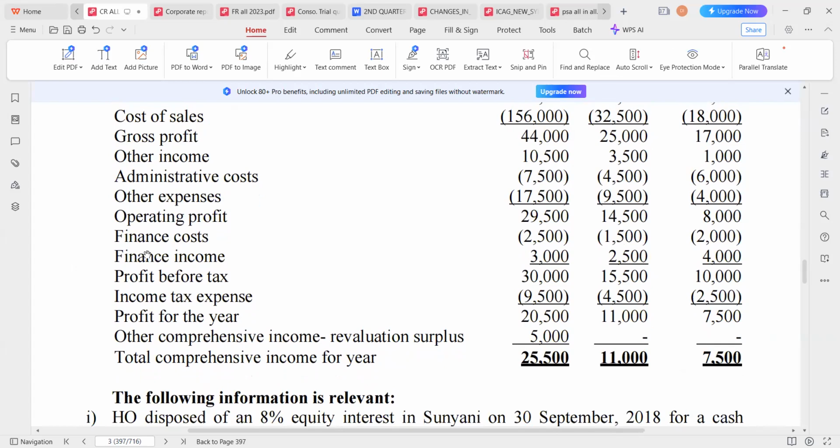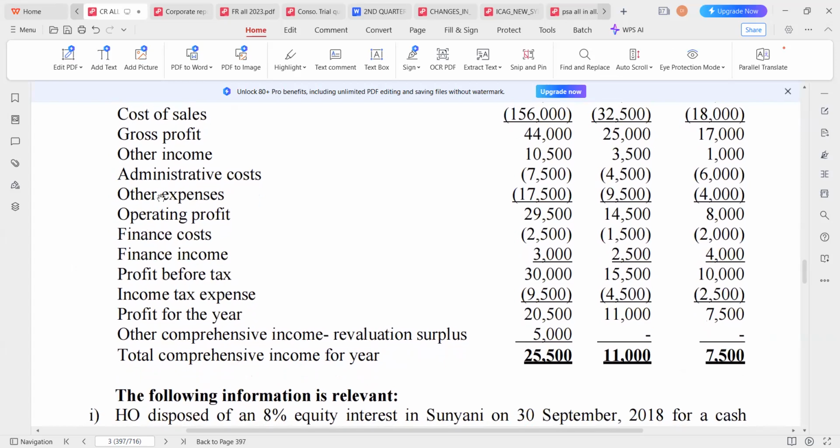Finance cost is here. They should come right before finance cost. Assemble all of them there. That is all. And you are good to go.